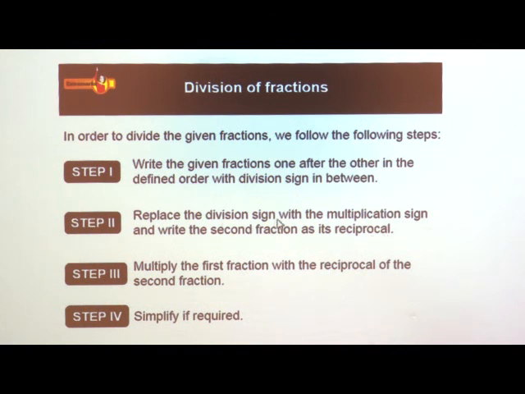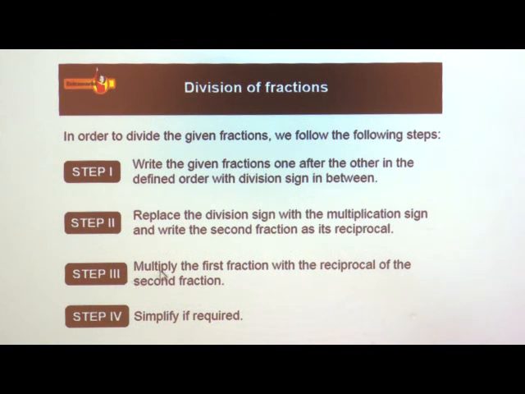Replace the division sign, which means what we have in the question as a division sign should be replaced by a multiplication sign, and after that multiplication sign, the second fraction is written as its reciprocal. Now you know what a reciprocal is: we write the fraction the opposite way, the numerator will go in the denominator and the denominator will go in the numerator. That is nothing but a reciprocal.